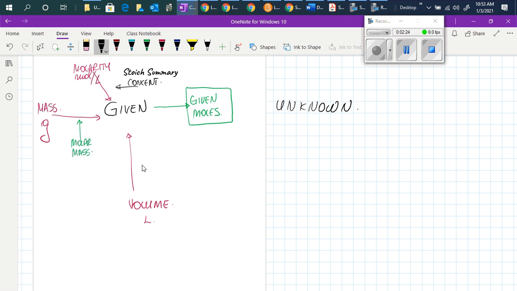And when we have the volume and we want to find the given moles, then we have three options: if it is STP conditions, SATP conditions, or ideal gas law.